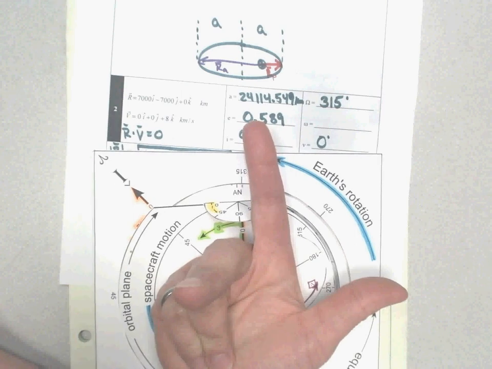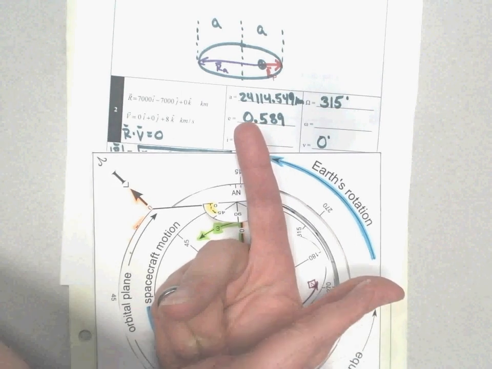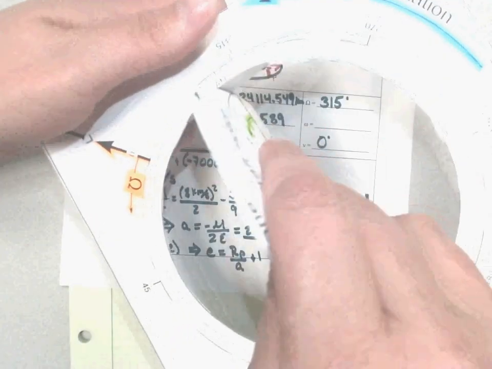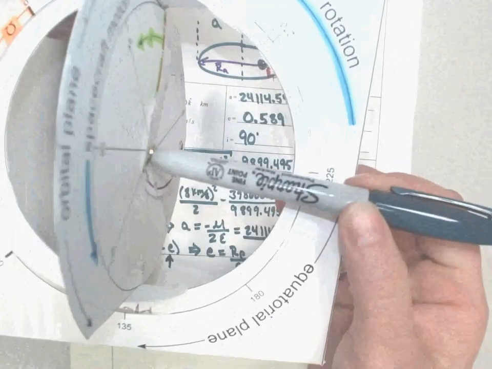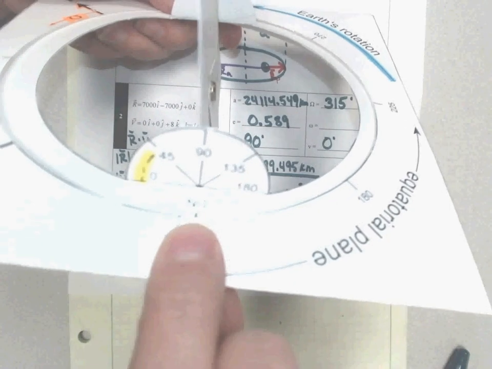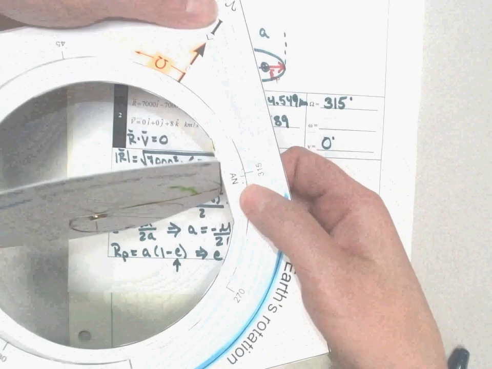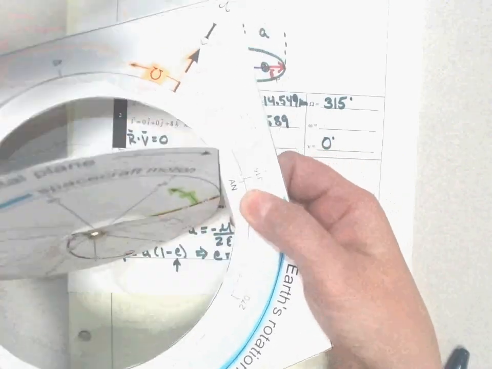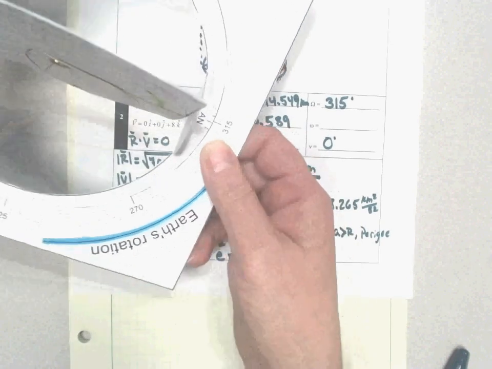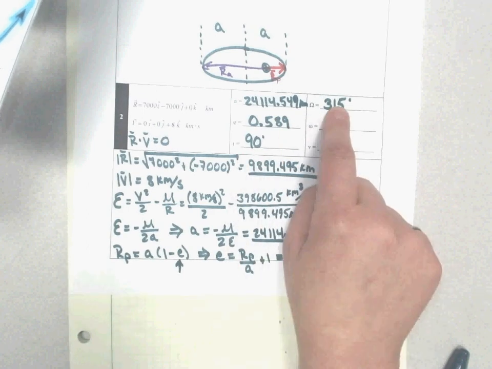H is perpendicular to both of them over here. So I want to point my thumbtack over here. No matter where it is, I'm going to spin it around and make sure that my thumbtack points straight to right there. Doing so gives me an inclination of 90, and my N vector from I to N, 315. If you can see that 315 on the camera, 315. So that's how I have 90 and 315.